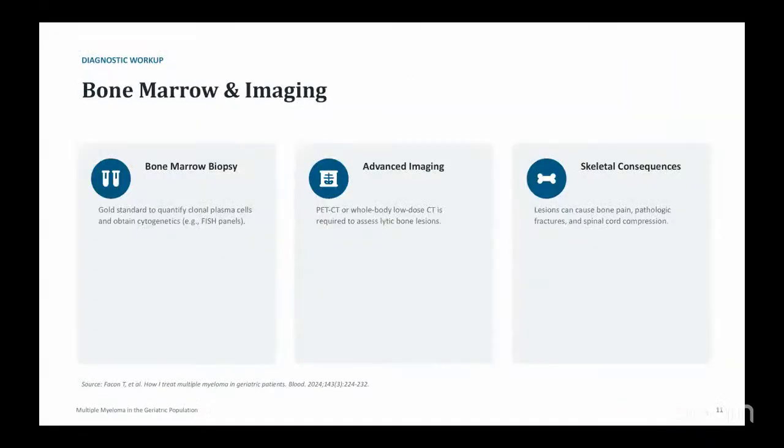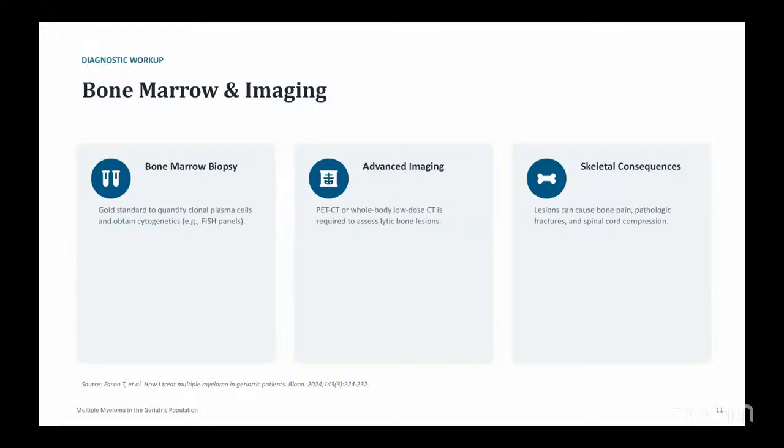Okay. Now, other than the blood tests, bone marrow biopsy and imaging are also important in the workup of multiple myeloma. A bone marrow biopsy remains the gold standard to quantify the clonal plasma cells and obtain what's called cytogenetics, which are very specific hemato-oncologic tests needed to specify the type of the proteins and so on, including panels such as the FISH panels.